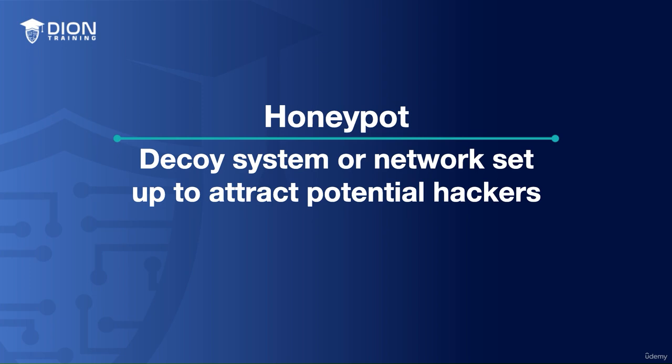First, we have honeypots. A honeypot is a decoy system or network set up to attract potential hackers. Honeypots are used to mimic a real system with vulnerabilities that seem attractive to attackers. The primary purpose of a honeypot is not to block or prevent attacks, but is instead focused on gathering information about the attacker's methods, motives, and TTPs.